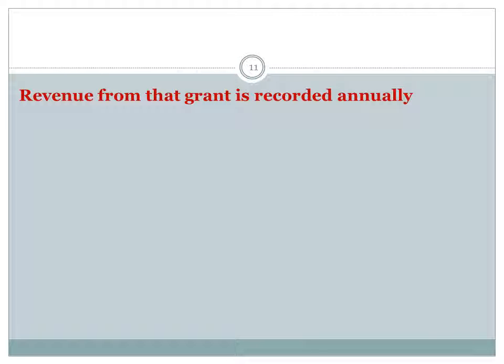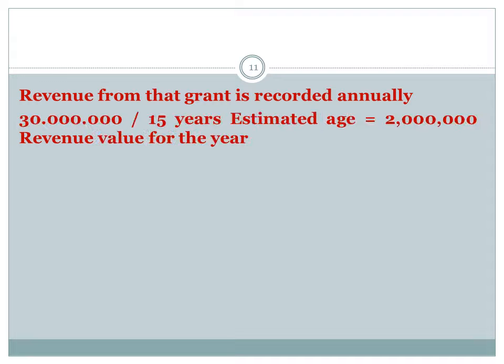Revenue from that grant is recorded annually. The total amount of deferred income is 30 million. The amount that the entity will record annually equals 30 million divided by 15 years estimated life, which equals 2 million revenue for the year.